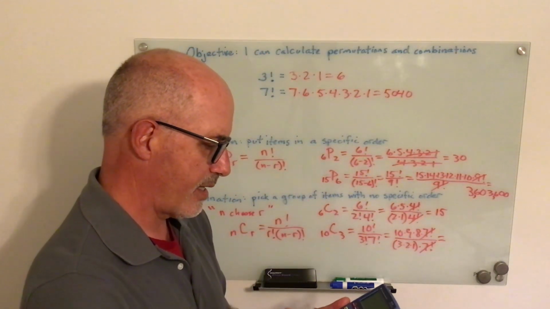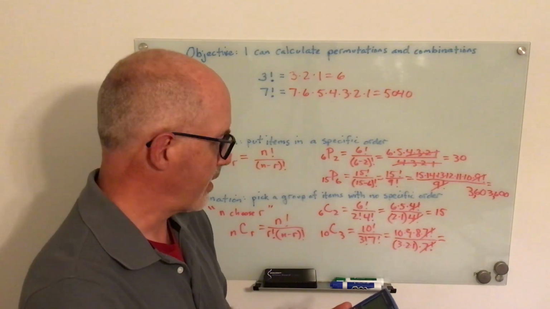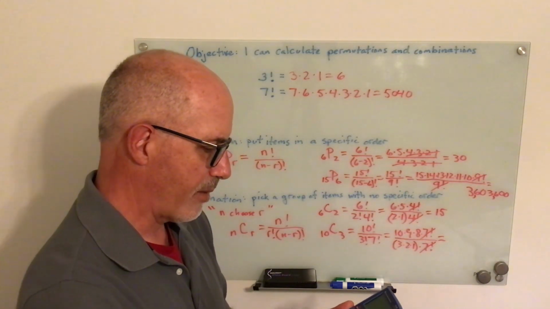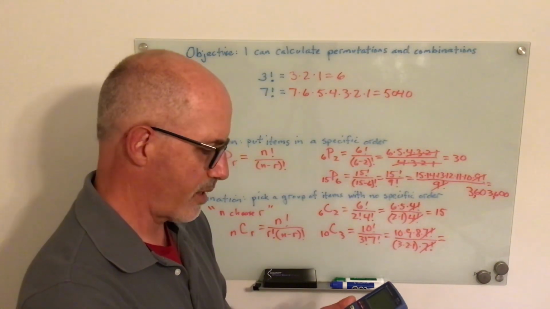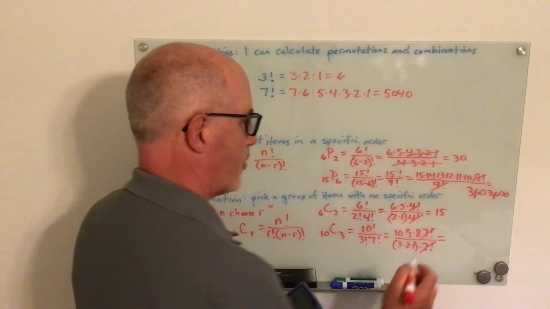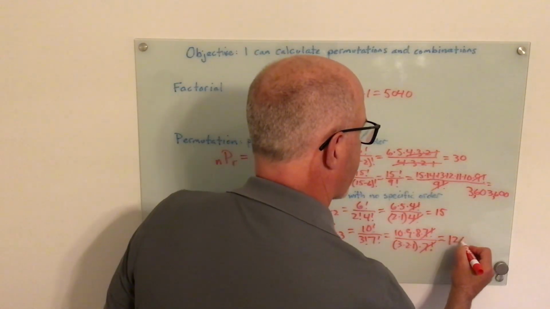So I got 10 times 9 times 8, and I'm going to divide that by 3 times 2 times 1, and I get 120 as my answer.